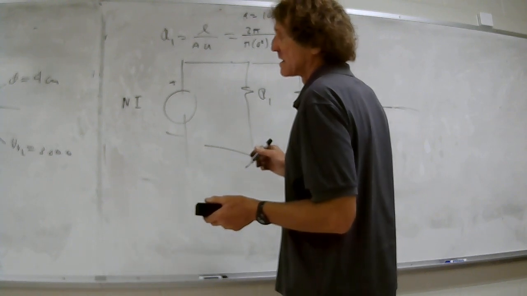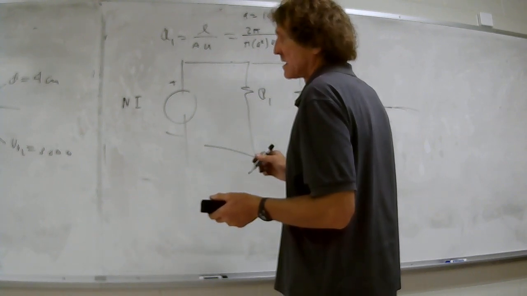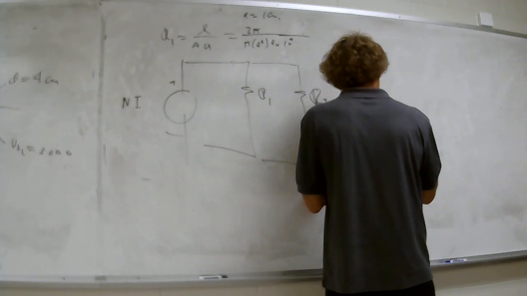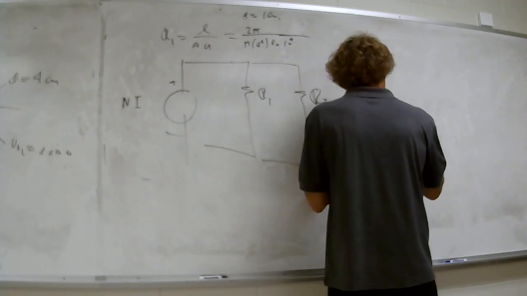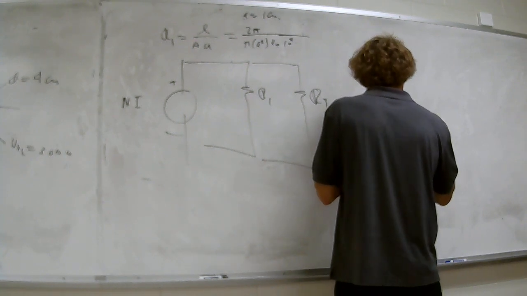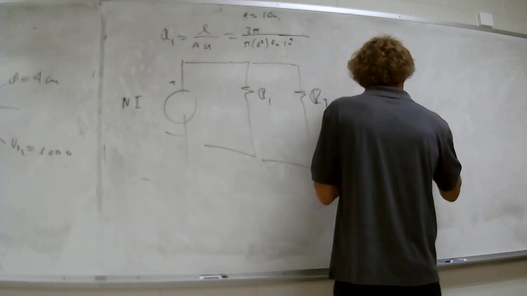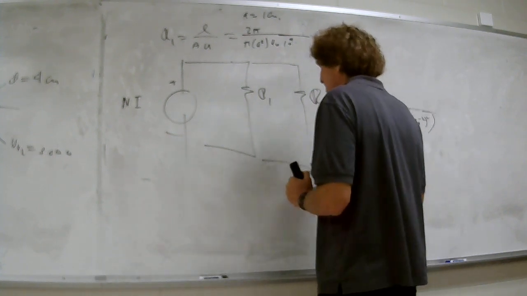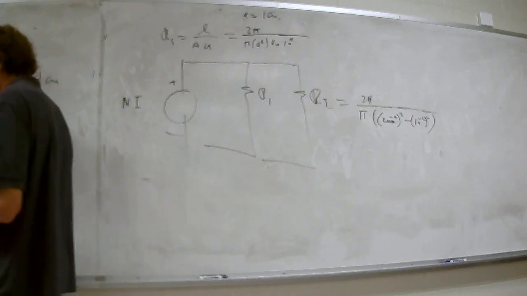Then it's going to be 2 times 10 to the minus 2 squared minus 10 to the minus 2 squared. And that's going to be reluctance 2. Now you all see they're in parallel, right?